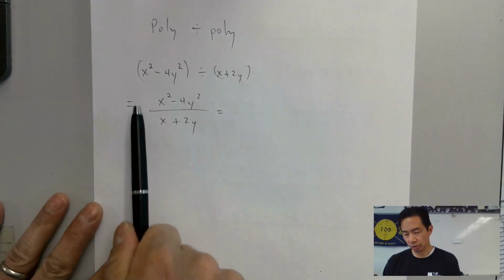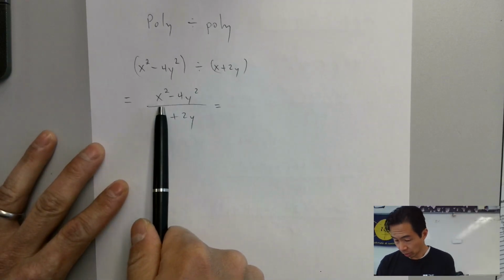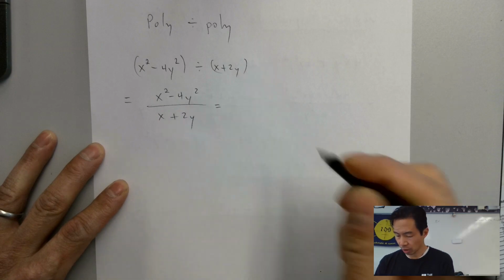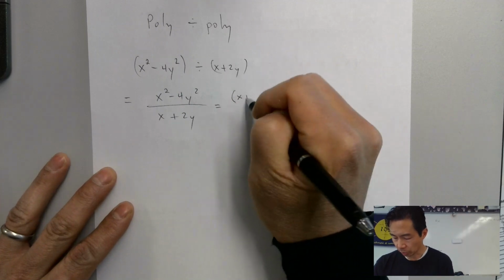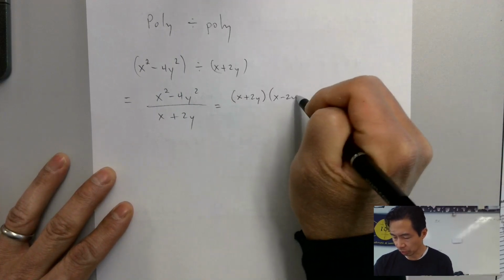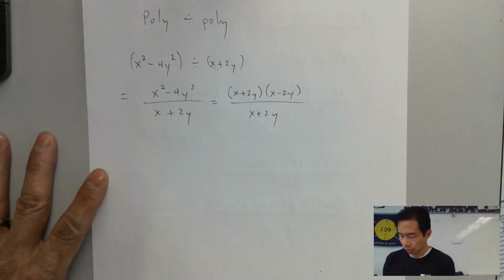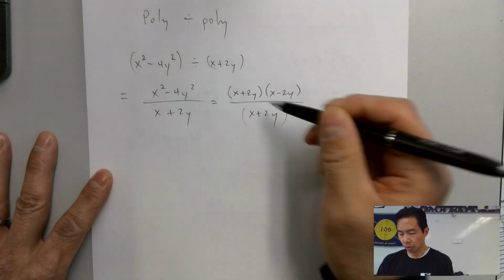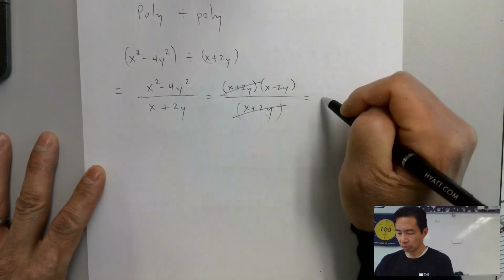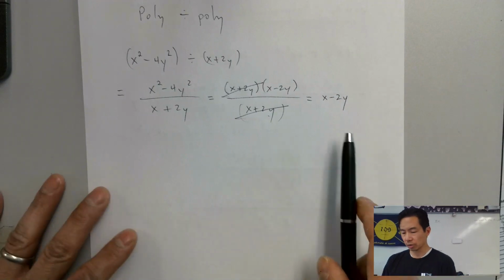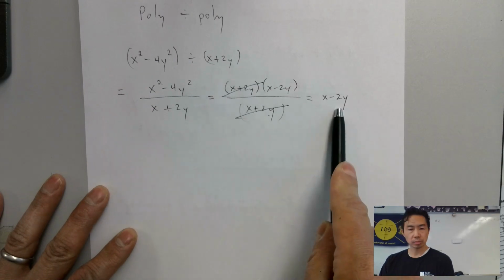It's highly likely that the polynomial in the numerator is factorable. And in this case, it's a difference of squares. So that factors, x plus 2y, x minus 2y. And the denominator is x plus 2y. So I have a common factor here. I have an x plus 2y up here and an x plus 2y down here, so I can cancel it completely. And the leftover is x minus 2y.